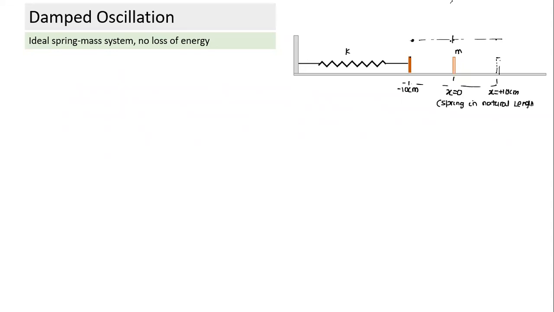From the mean position, if I put a scale here, and this is 10 centimeters, and I release it from here, I can expect it to reach the other point. If this was minus 10 centimeters, I expect it to reach a distance of 10 centimeters. This is when there's no loss of energy. This is an ideal scenario.